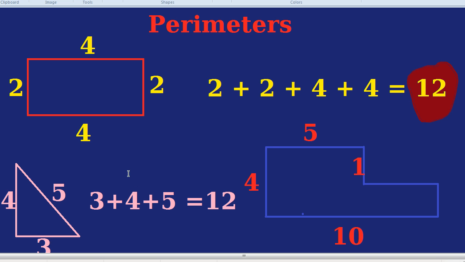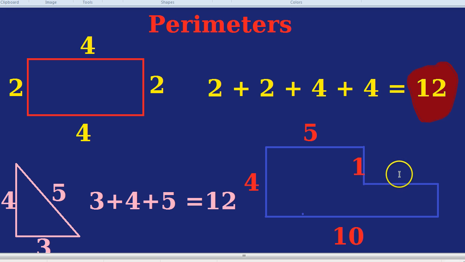That's quite a hard question, harder than the other questions, because it has 2 missing sides. We have 2 sides here which they didn't tell us the lengths of. So how can we possibly find the perimeter, which is all the way around every single side? Here's what we do. If that whole length is 10 down here, and that length up there is 5, what's left over for this length?